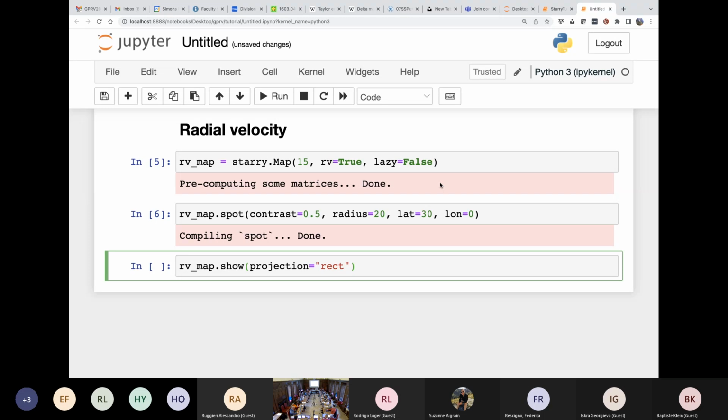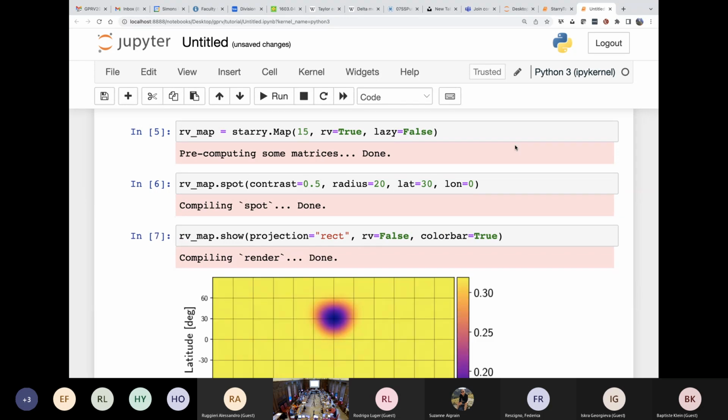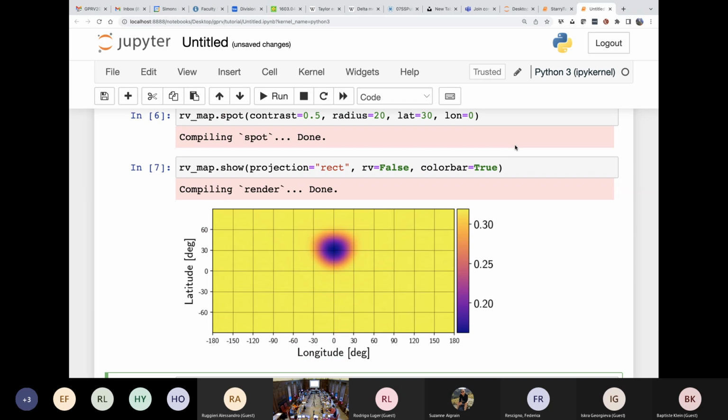I'm going to provide the RV equals false keyword here so that we're looking at the intensity map, not the velocity map of the surface. And then finally, I'm going to do colorbar equals true just so we see what the normalization is. So, Baptiste, that's how big this spot is. It's a fairly large spot.